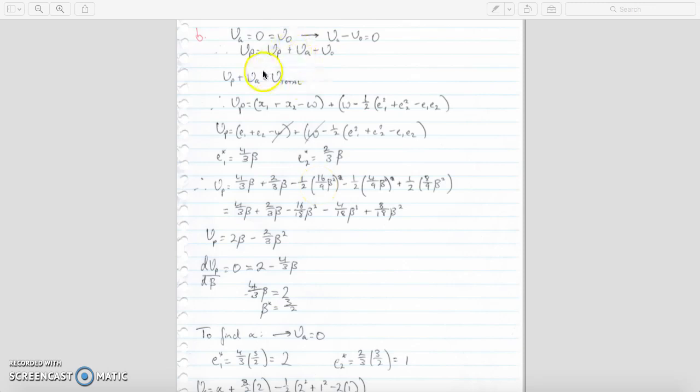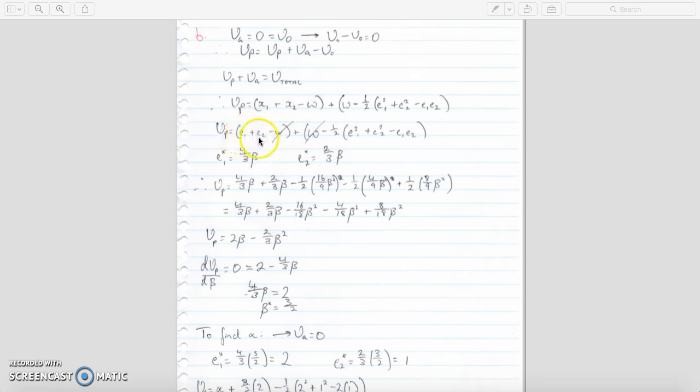So then our principal's maximization problem is a little bit different to the agent's in that here we're trying to maximize total utility. So we have the utility of the principal given by x1 plus x2 minus w, and we're adding that to the utility of the agent, which is what we saw from part A. So moving on, we can then cancel out w's because we have negative w plus positive w, and then we can also substitute x1 and x2.